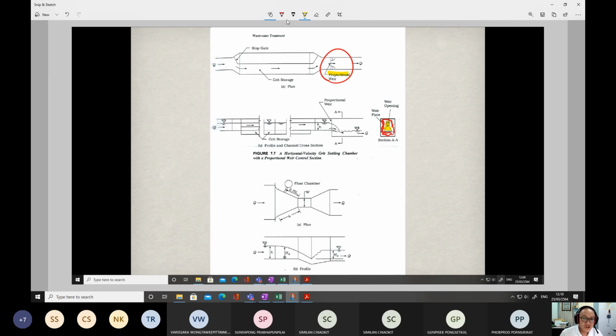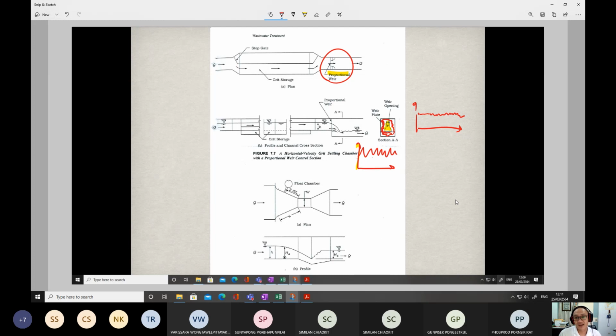So what is the beneficial use of this proportional weir? This weir will actually help to minimize the fluctuations of the flows. Before entering the proportional weir, there may be some fluctuations, but after passing it, the fluctuation will get minimized, because in some treatment plants they don't have storage.